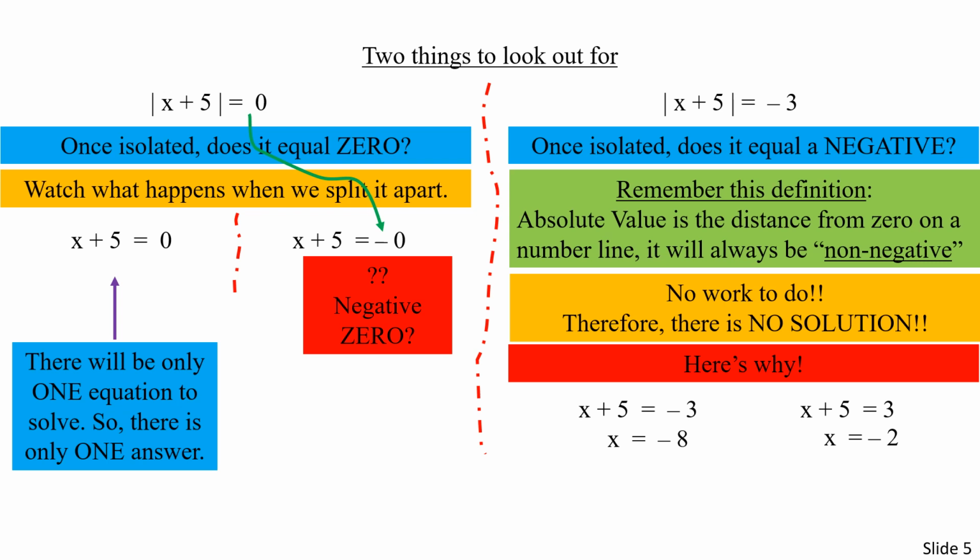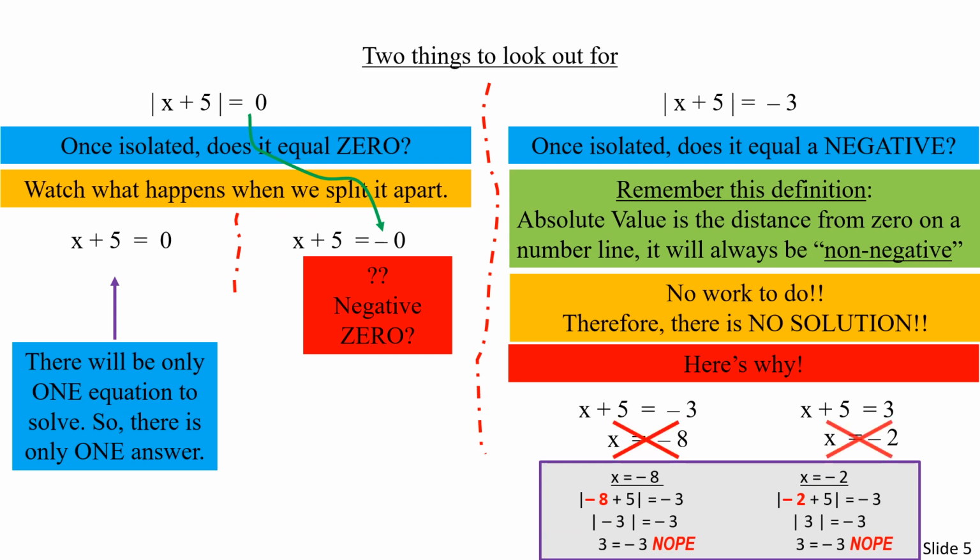So I split it apart into its two parts. I get -8 and -2. I didn't show all the work here. And you can see that if I check it, neither one works. So you can do the work and you can get answers.